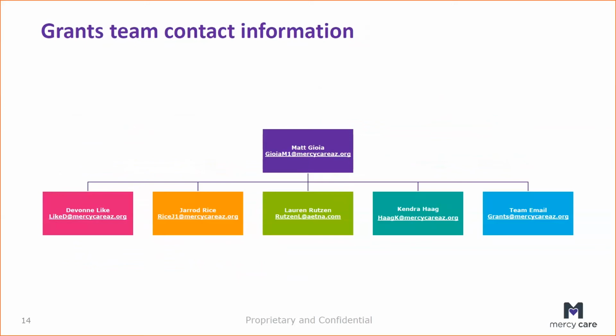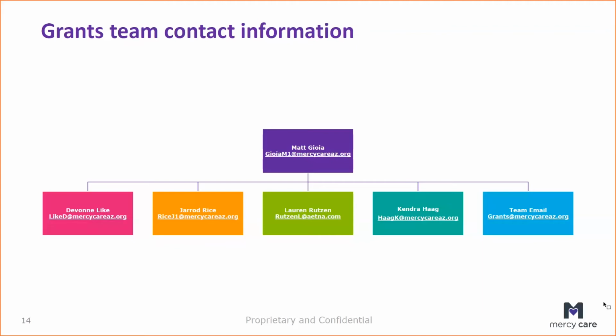And then he has a few team members under him, which is Devon Leakey, Jarrett Rice, Lauren Retson, and Karen Haig. They also have a team email in case you may have questions. You can always reach out to them through the team email, through your network management representative, or to them individually.